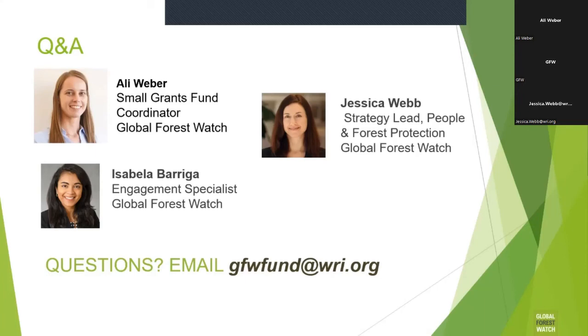So we have another one related to more about the alerts. They want to know if this deforestation is detected by satellites worldwide. I'll hand this over to Jessica. Yes, so it depends a little bit on the data set. The tree cover loss data set produced by the University of Maryland that Isabella showed is global, both for tropical and northern forests, so boreal, temperate.